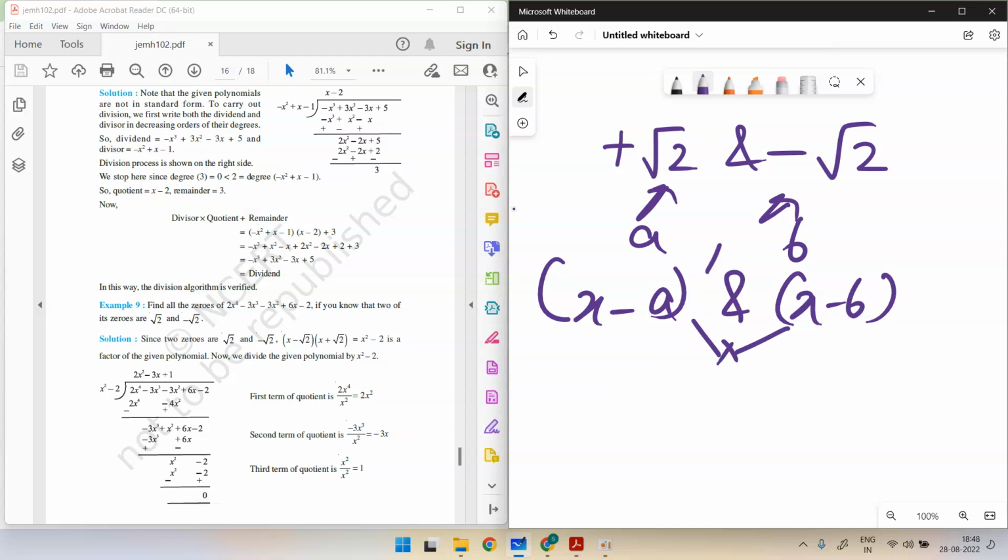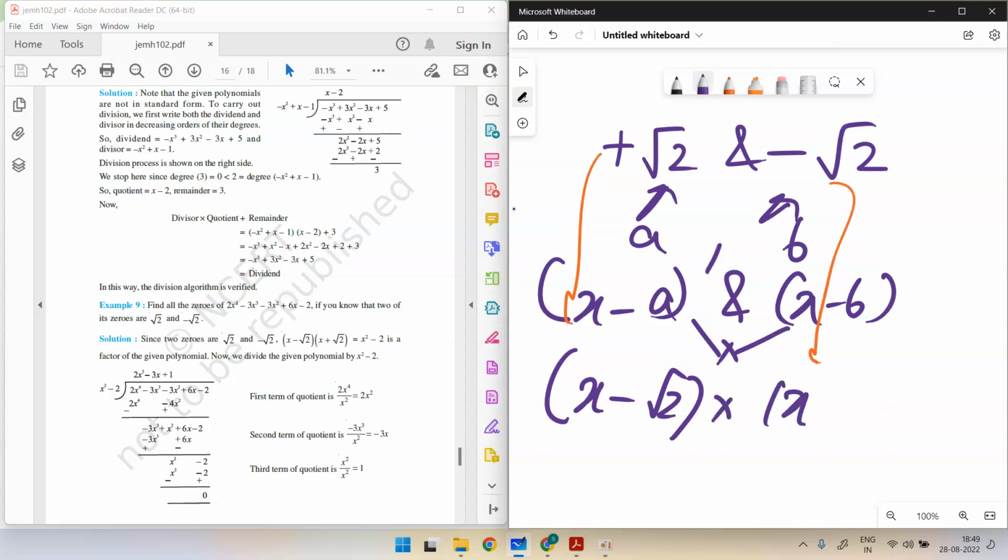So putting the values, x minus root 2 into x minus of minus root 2. So this will become x minus root 2 into x plus root 2.